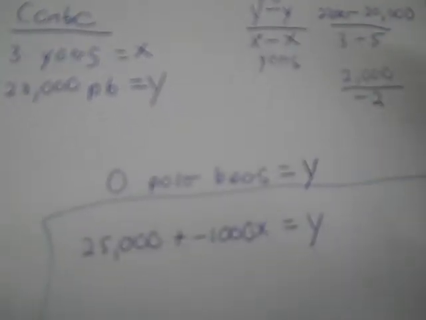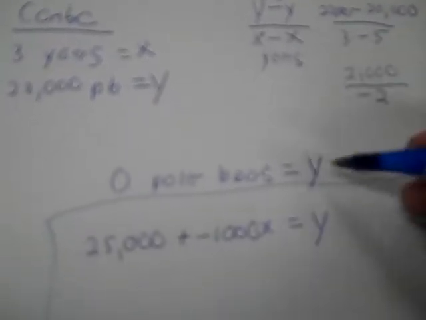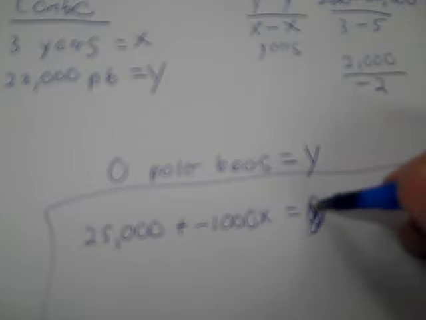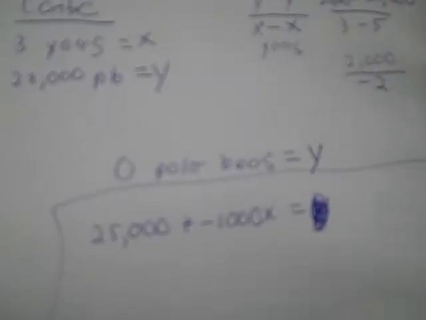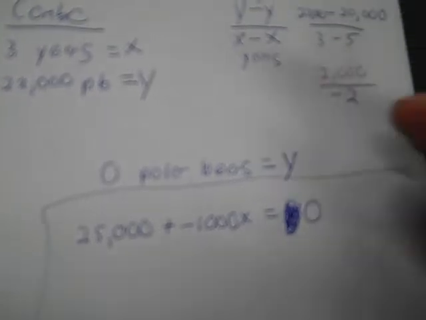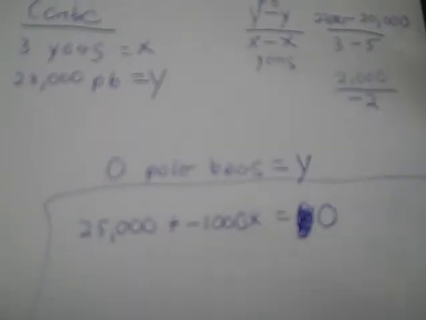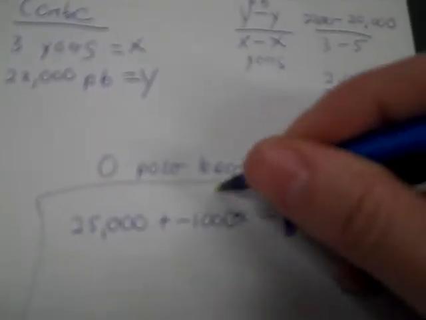And that takes the place of my y. Okay, so we scribble out the y. I don't need to put it in parentheses because it's by itself. There's no operations going on with it, and I put 0. Then I have to get the x by itself. So that means dot it and circle it.